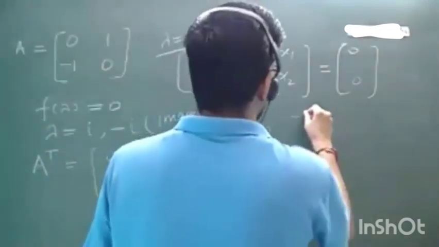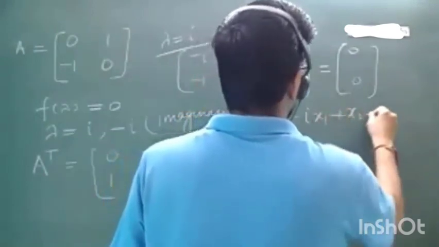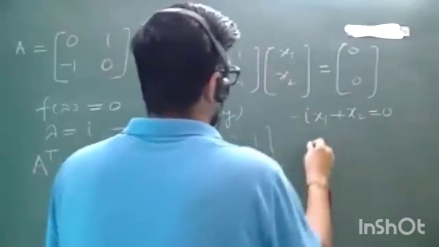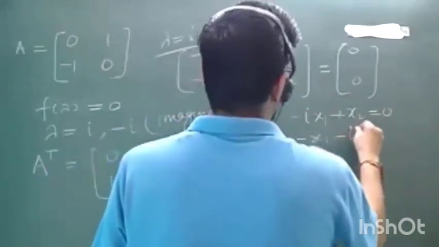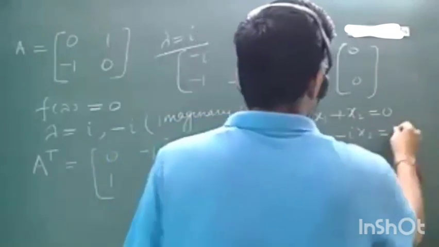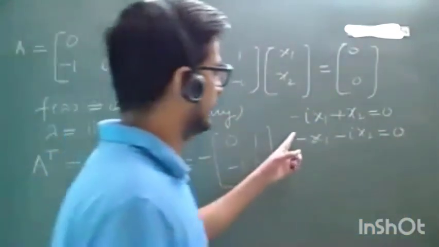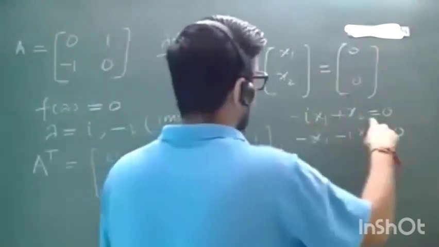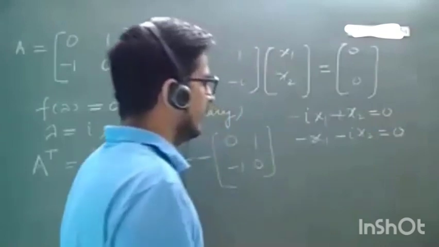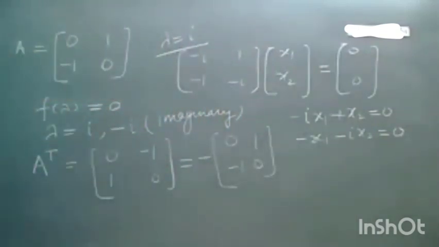Minus iota x1 plus x2 is equal to 0 and minus x1 minus iota x2 is equal to 0. Now please see this. If I multiply the second equation by iota, are these two equations the same or different?